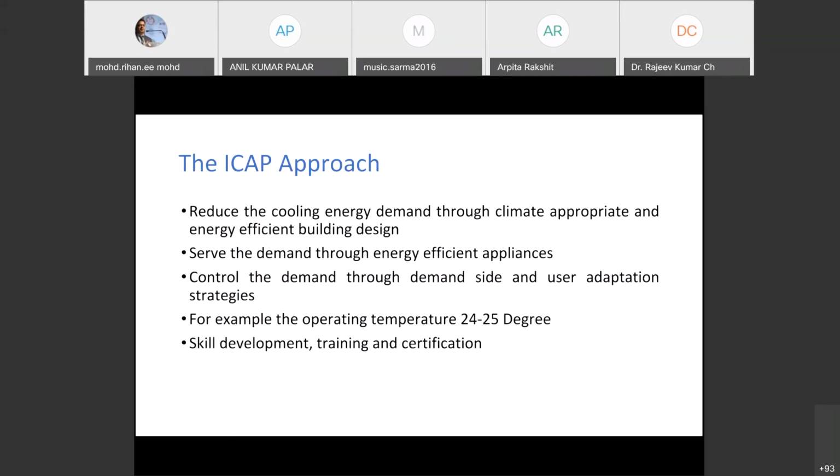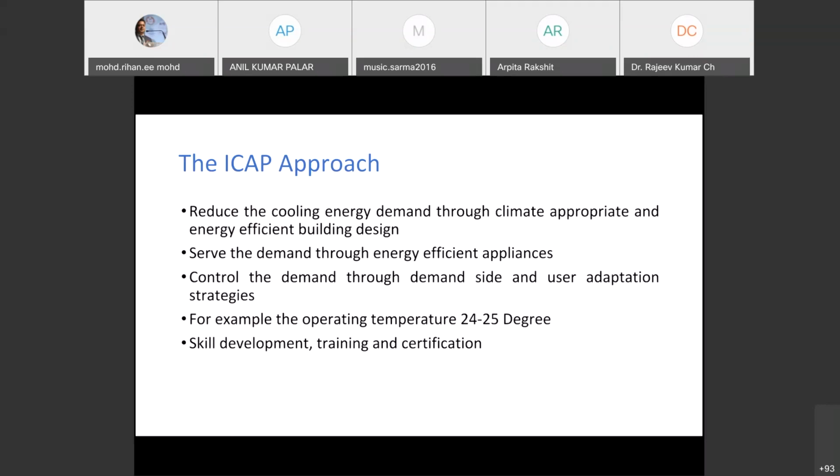What is the reason? These ACs are designed for optimal operation around this temperature set point. For example, the star rating of ACs is valid when you are using it around 24-25 degrees. If you are setting it at 16-17 degrees, then that star rating is not valid.